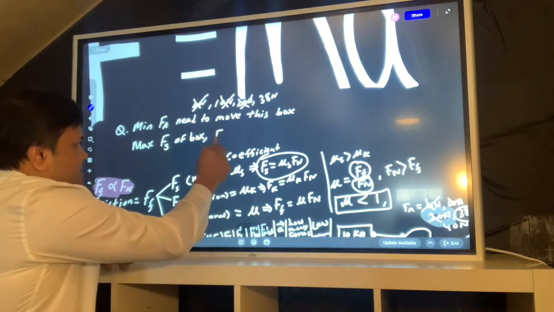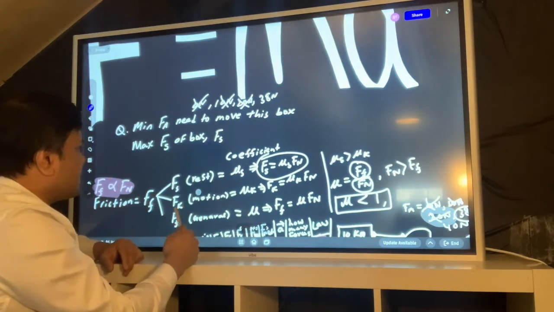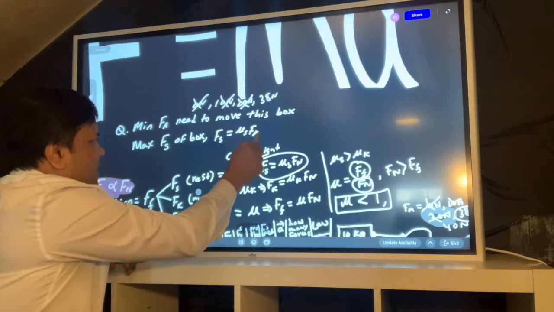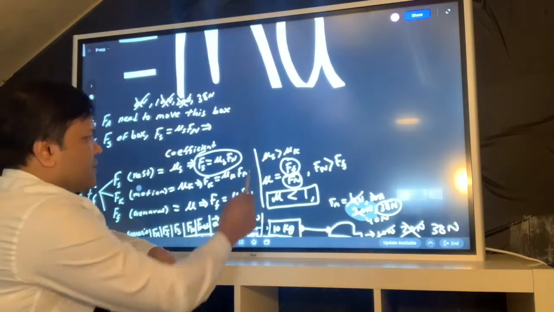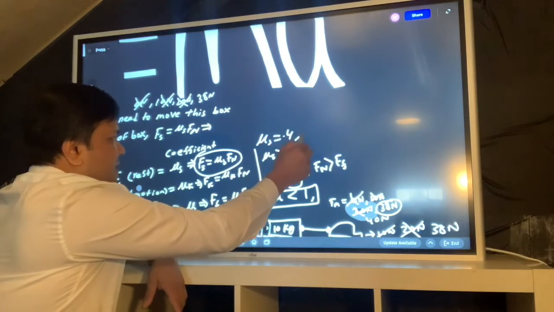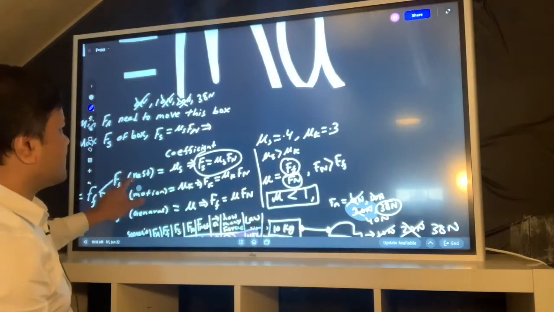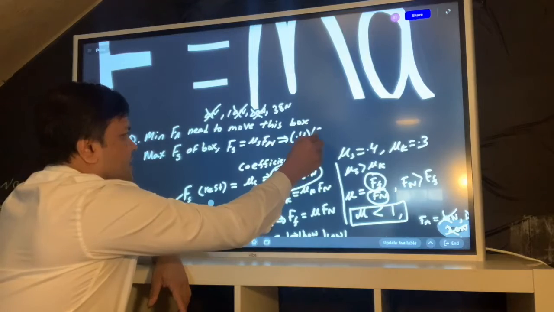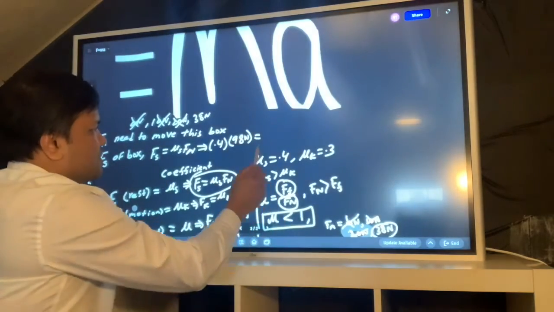So the maximum static friction of the box is mu s times Fn, and mu s is given in this problem. I told you that mu s is always greater than mu k. So mu s is 0.4, let's say, and mu k is 0.3. So 0.4 times 98 Newton is 39.2.